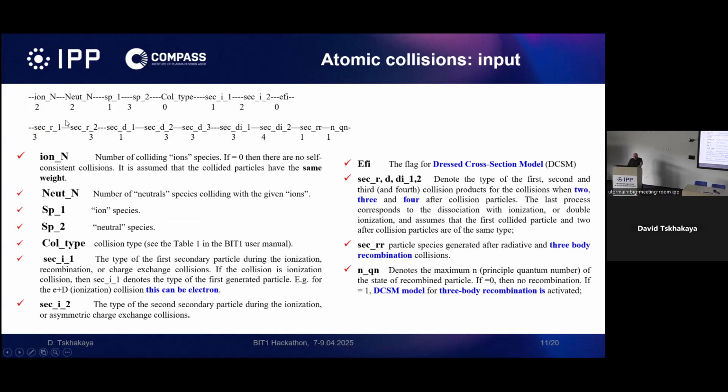This is coming from the input file. We have a first parameter which specifies ions, so how many particles are colliding. Then comes the second, how many neutrals we have collided. In reality, there are no ions and neutrals.